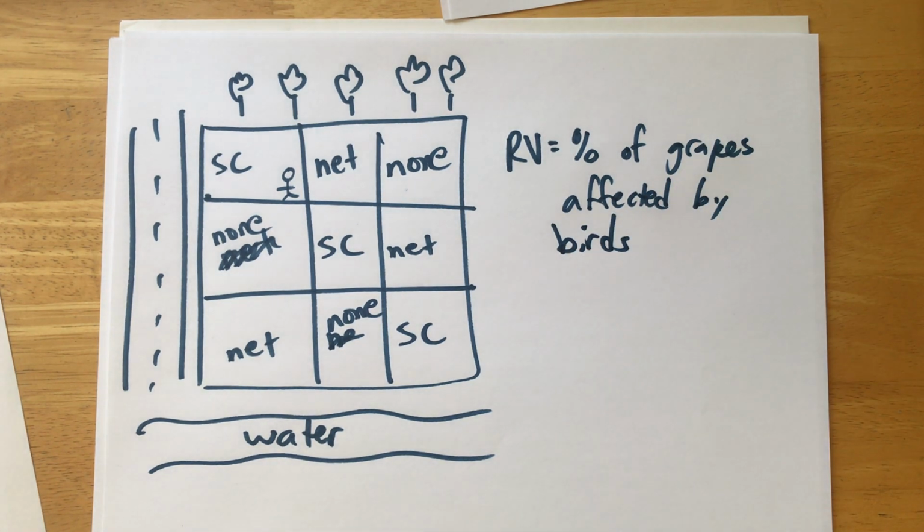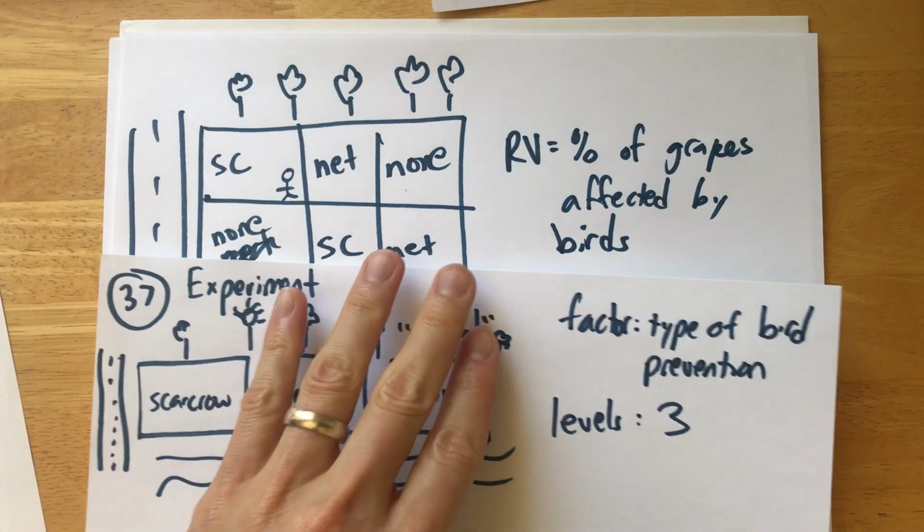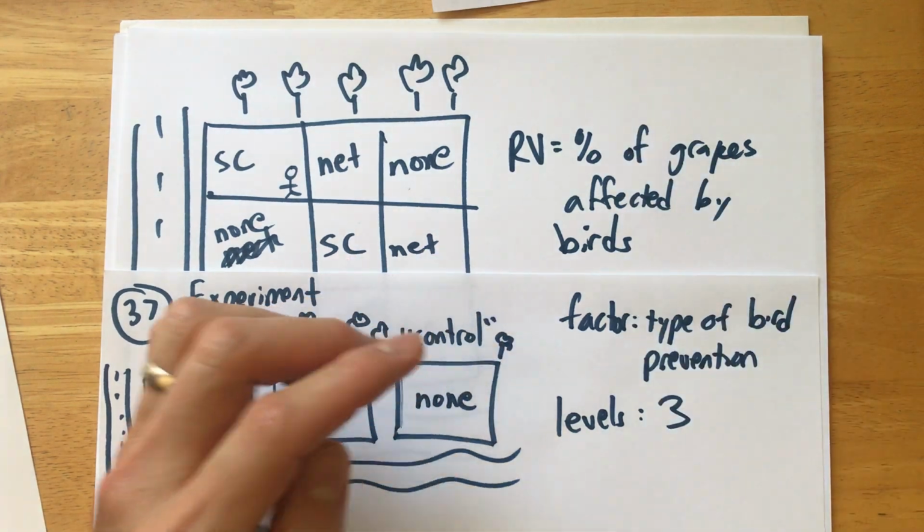This is going to be very challenging because not every plot has the same number of grapes. Are you going to count every single grape? Probably not, right? So I think the experimenter is going to have to figure out a better way to do this. So again, you have 3 levels from 1 factor, and this is your response variable.